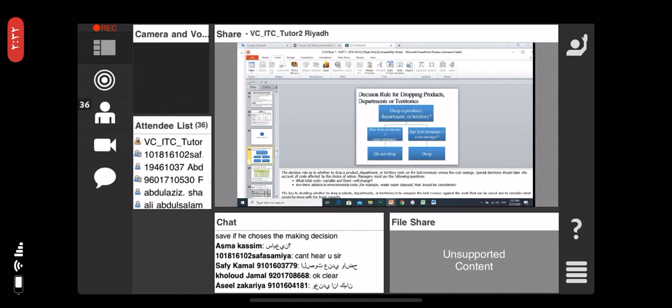Anyone have any answers? When can we make a decision for drop or do not drop a department, product, lines?